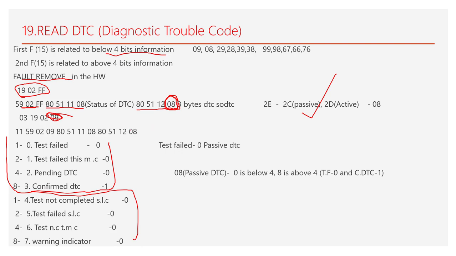See here, if you get 8, it is a passive DTC. If you get 09, then we get active. This is the scenario of how we can calculate active and passive DTCs.